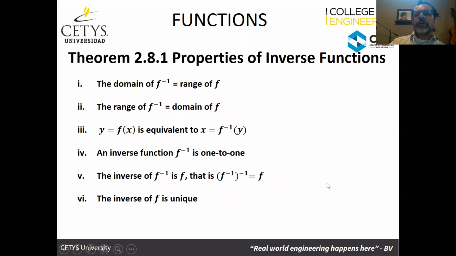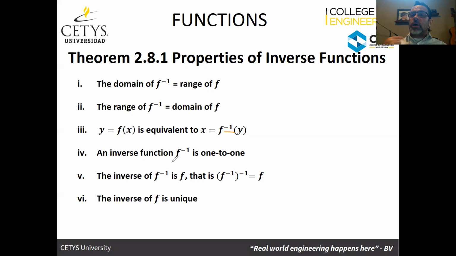Now, the inverse of a function has certain properties, and some of these we've already mentioned. The domain of the inverse is going to be the range of the original function, and the range of the inverse is the domain of the original function. The notation we're using is f to the minus 1.